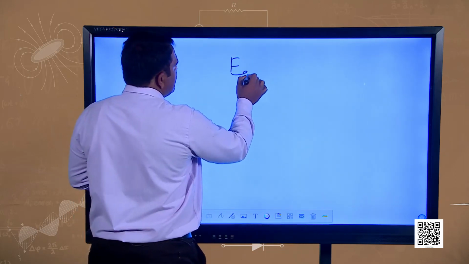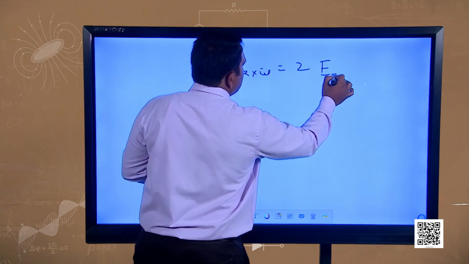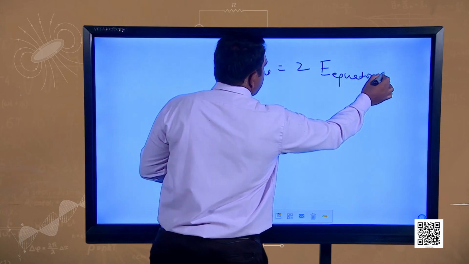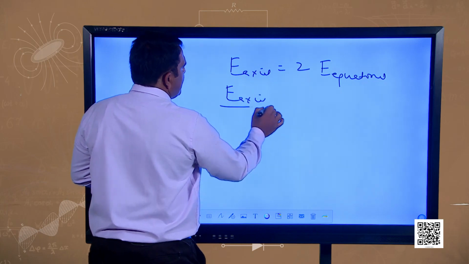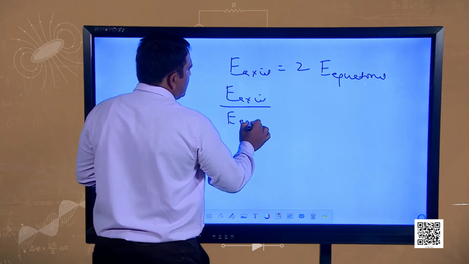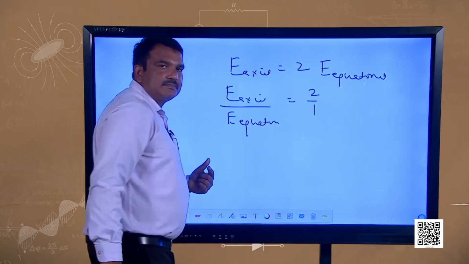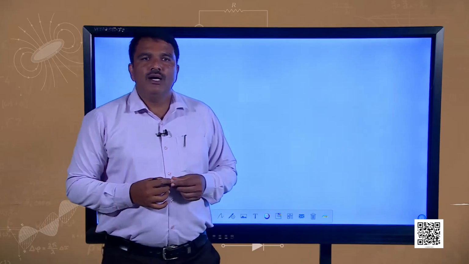E axial is just double of E equatorial, that is, E axial divided by E equatorial is equal to 2 by 1. Now, let us move on to another problem.